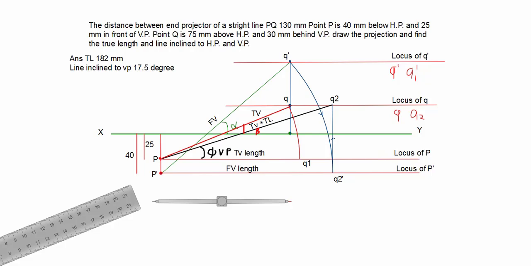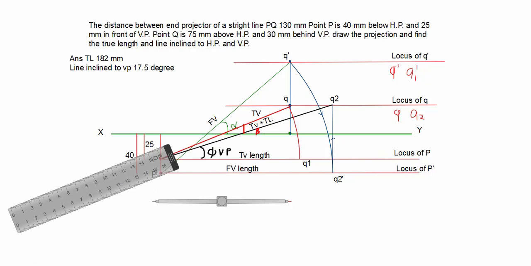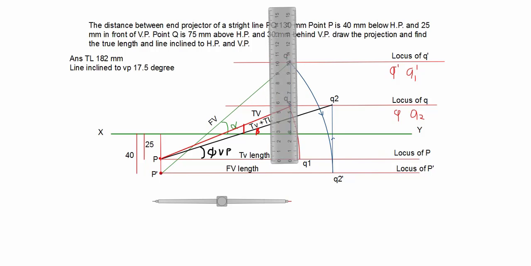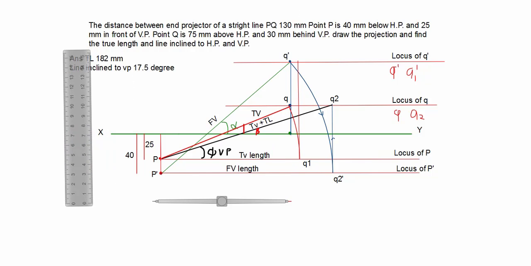The PQ1 is my top view length, which is from Q1. So we move vertically on the locus of Q dash. So here you can get your Q1 dash point, elevation of Q1 point on locus of Q dash.